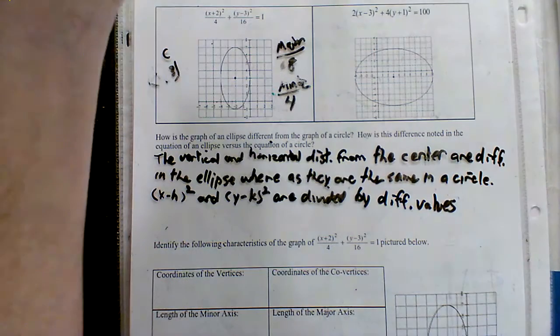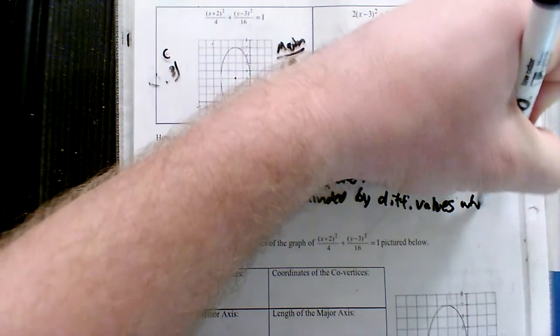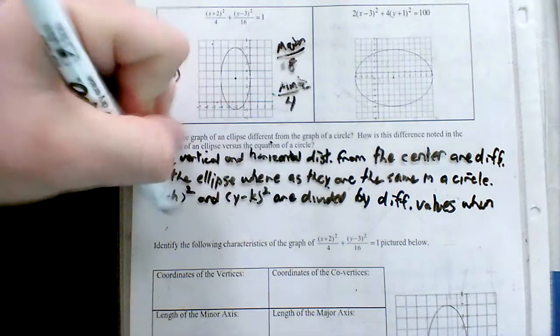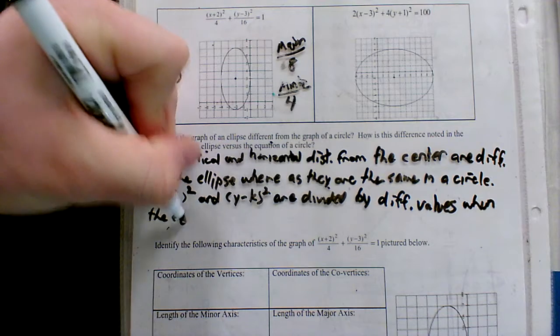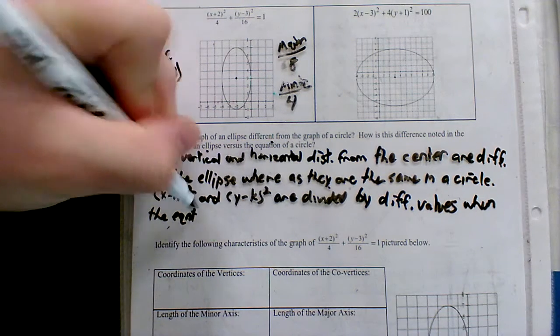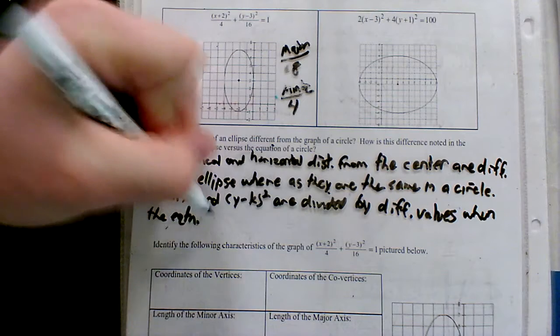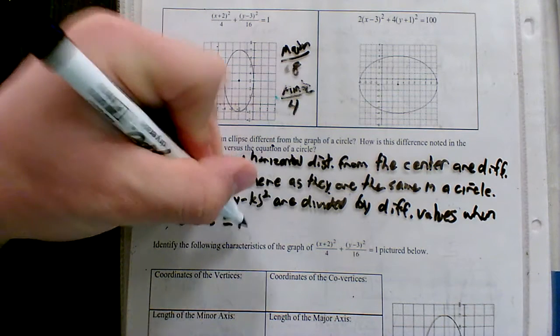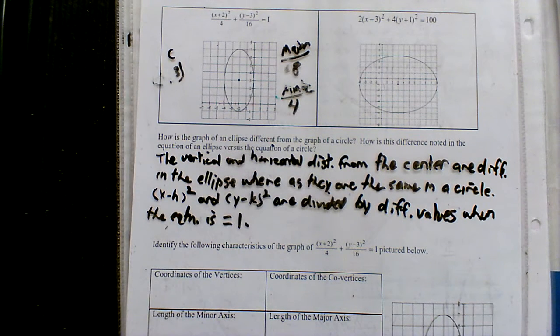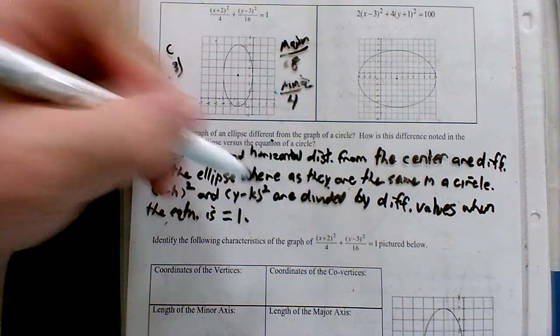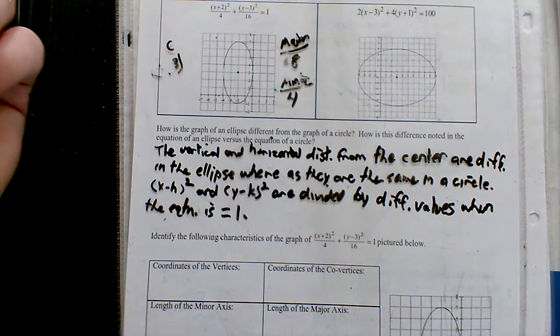They are divided by different values when the equation is equal to 1. You can also state the next sentence then to compare it to the circle.